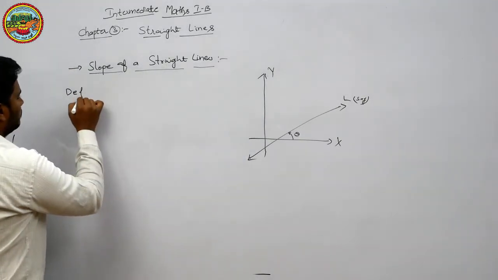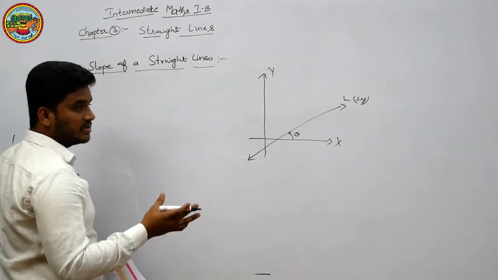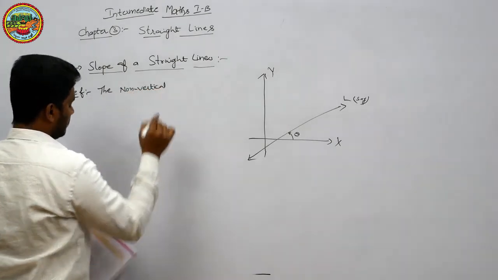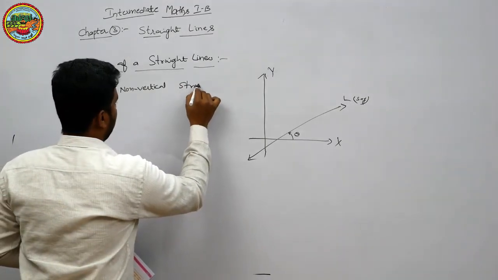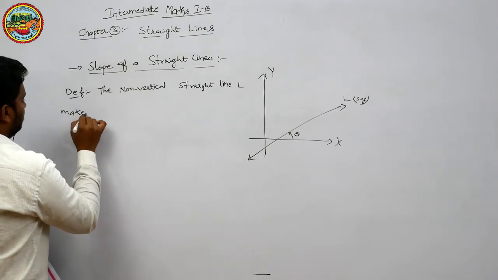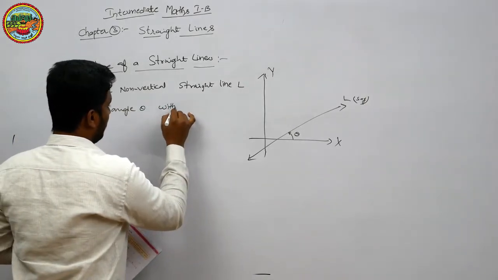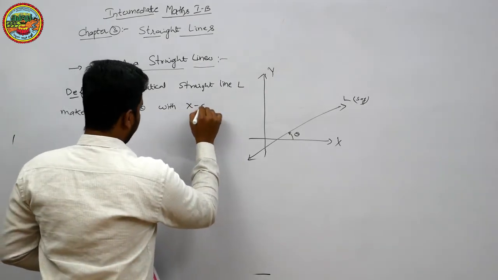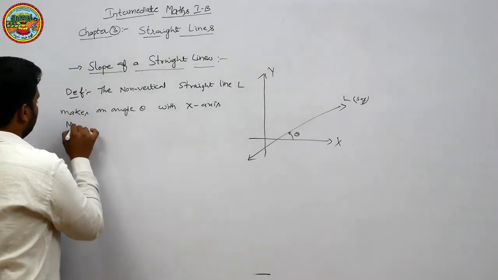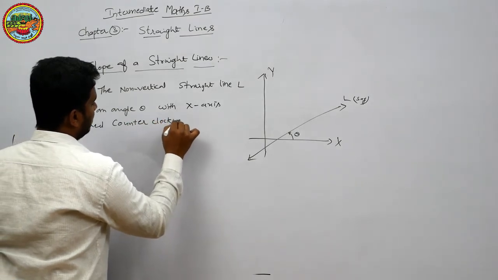Definition. If a non-vertical straight line, non-vertical means the horizontal line, the non-vertical straight line L makes an angle theta with x-axis measured in the counterclockwise direction.